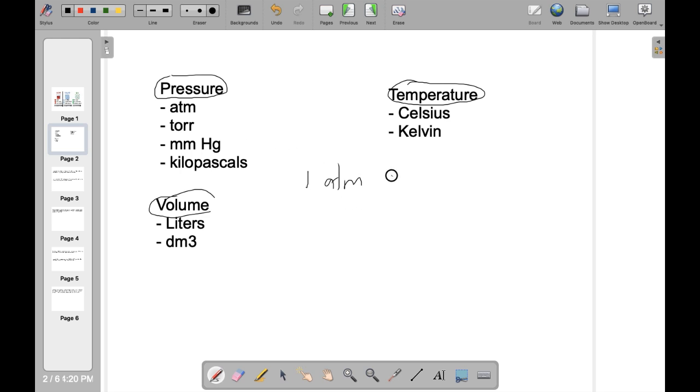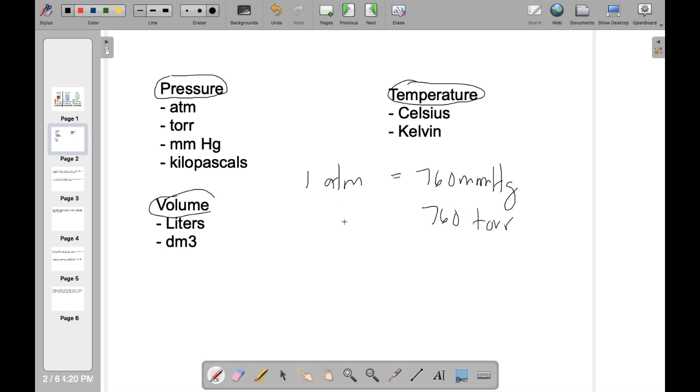So 1 atmosphere equals 760 millimeters of mercury. 760 millimeters of mercury also equals 760 torr. So torr is the same thing, they just changed the name.